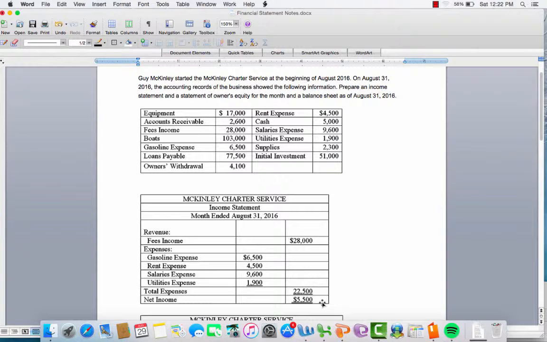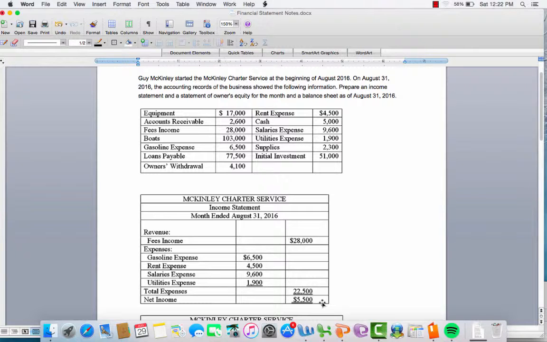And of course, that information is really important for a number of different users of these financial statements. The owner of the business wants to know what his net income is because he wants to know, am I doing a good job? Am I doing things right? Investors might want to know about net income for a company because they want to figure, is this worthwhile to actually invest in this particular company?